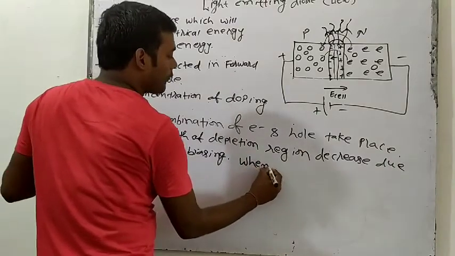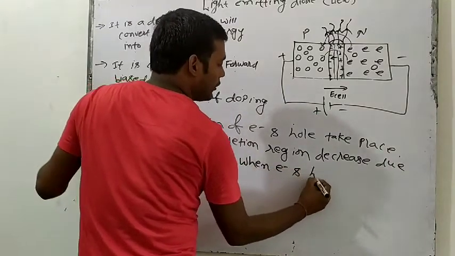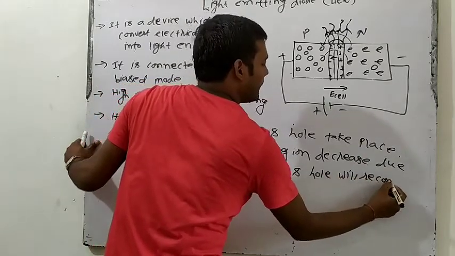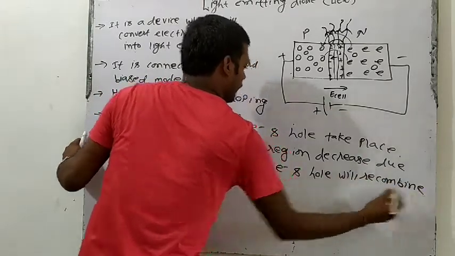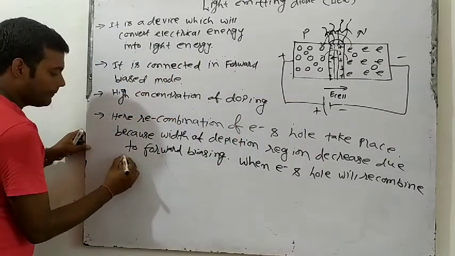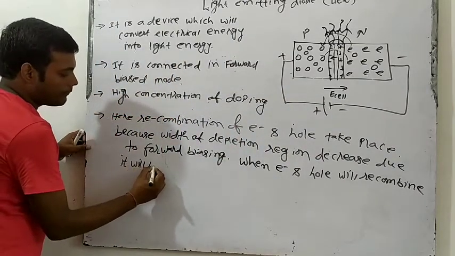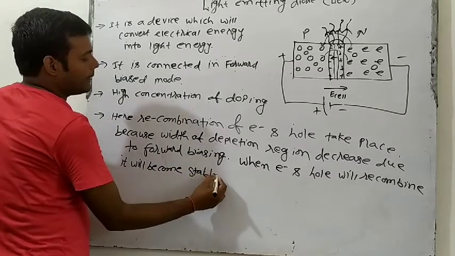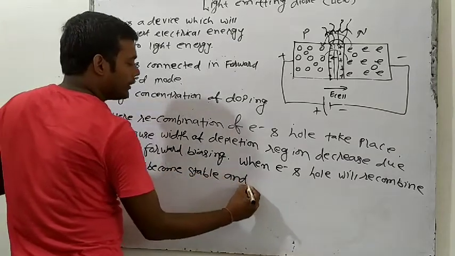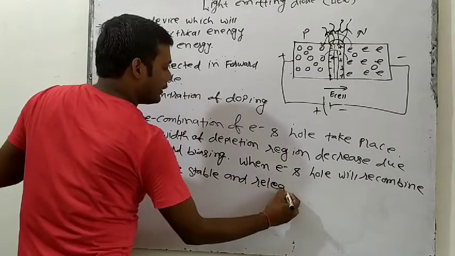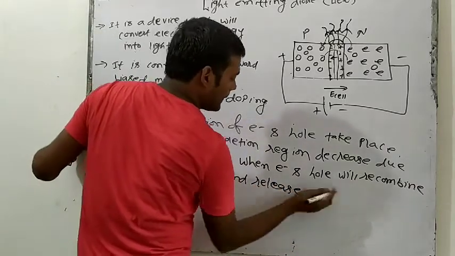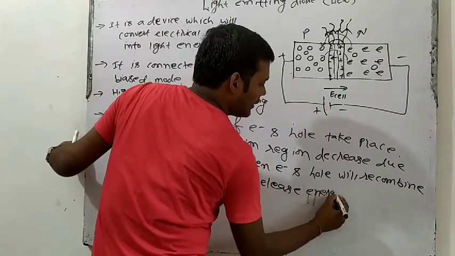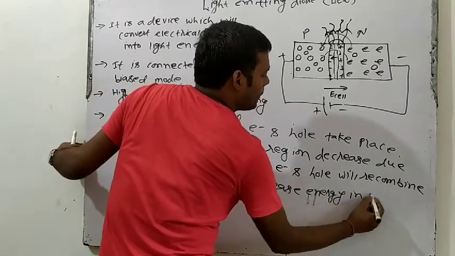When electron and hole will recombine, it will become stable and release energy in the form of light.